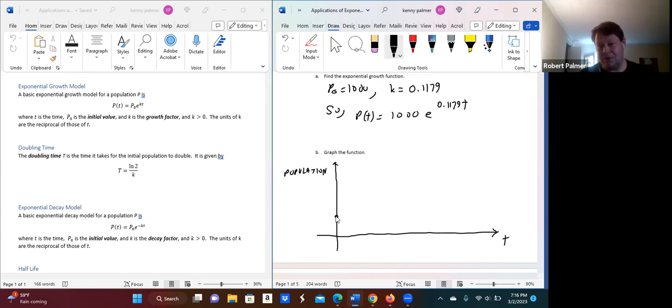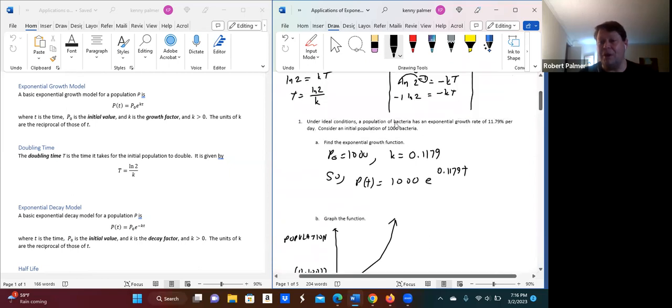So when t is 0, we're going to have 0 and 1,000. That's our initial population. And then this is going to grow rapidly like this. And then we can also find for different values how much it grows after your t.